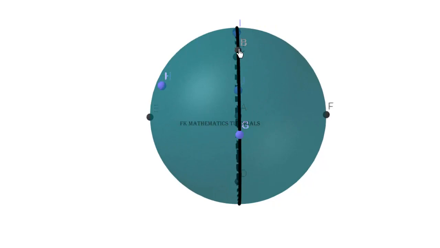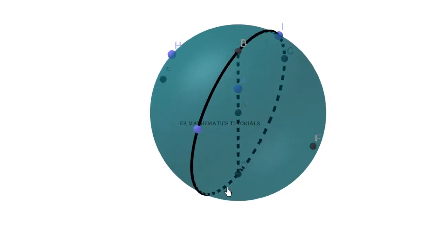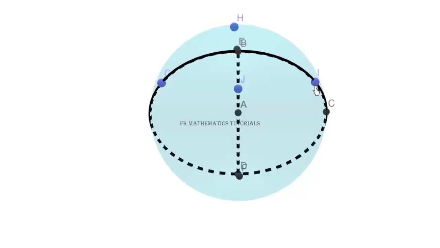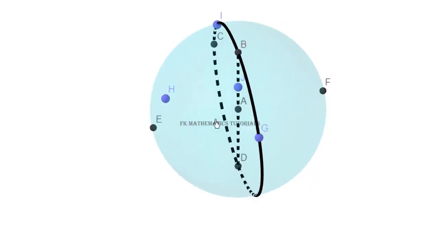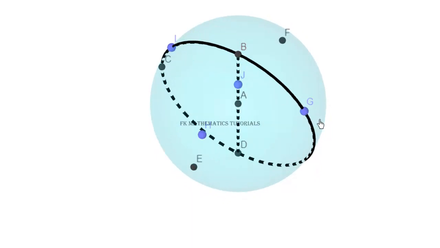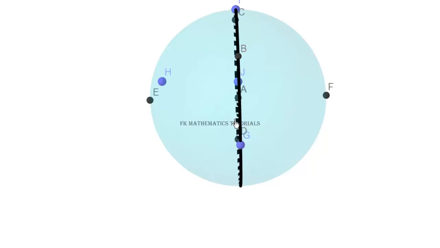When we call this longitude 0 degrees, then the other half here will be longitude 180 degrees east. Then from here to here will be longitude 180 degrees west.